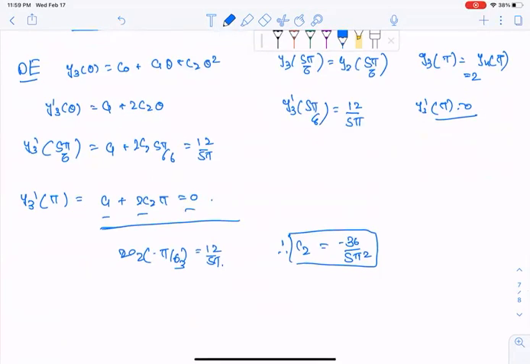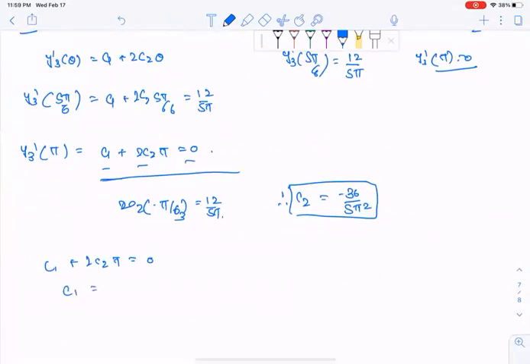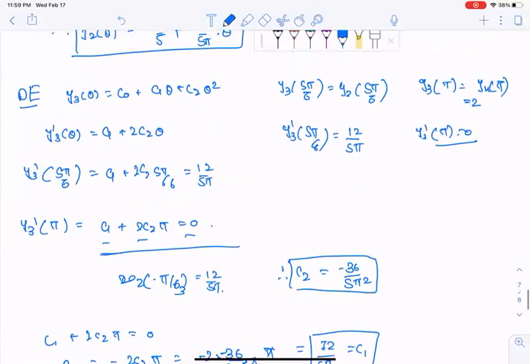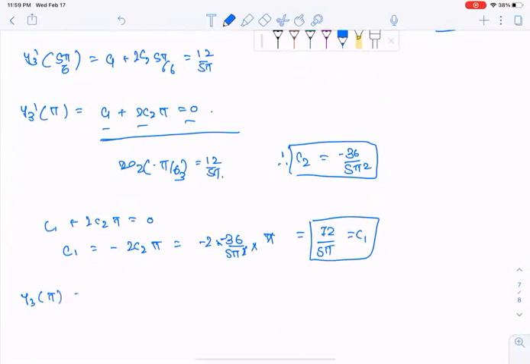Now similarly we can calculate the value of c1 from the previous equation. c1 plus 2c2 pi is equal to 0, and c1 is equal to minus 2c2 pi. Minus 2 into minus 36 upon 5 pi square into pi, and this will be equal to 72 upon 5 pi, and that is my c1. Now let's use this condition. So y3 of pi is equal to c0 plus c1 pi plus c2 pi square, and that is 2.